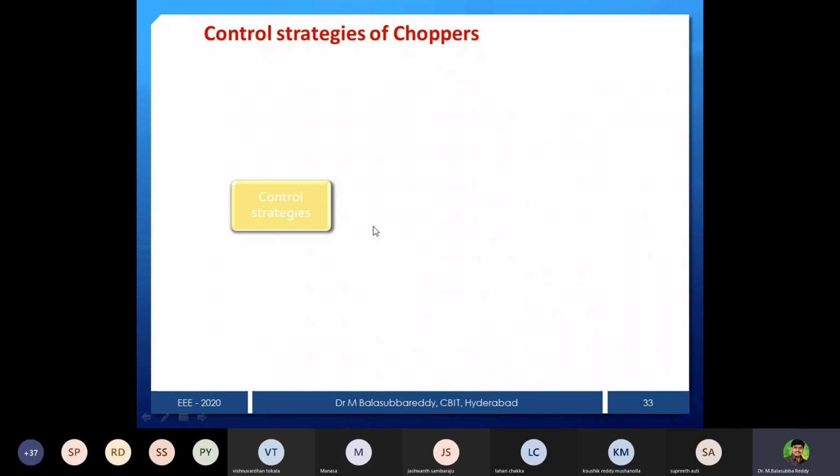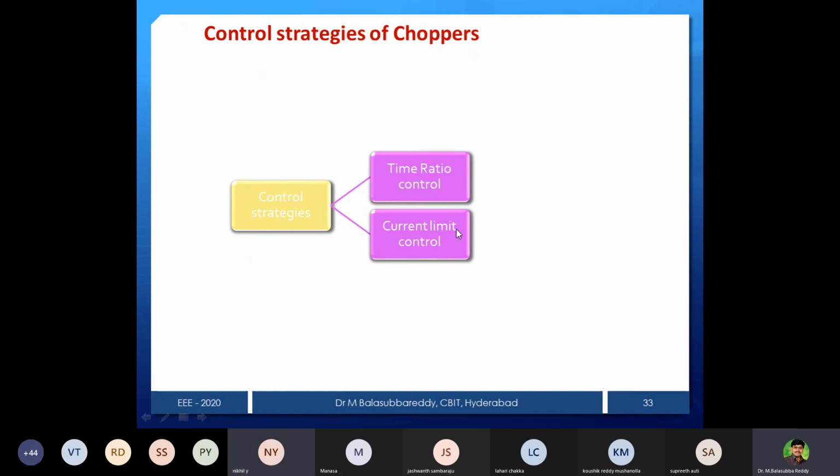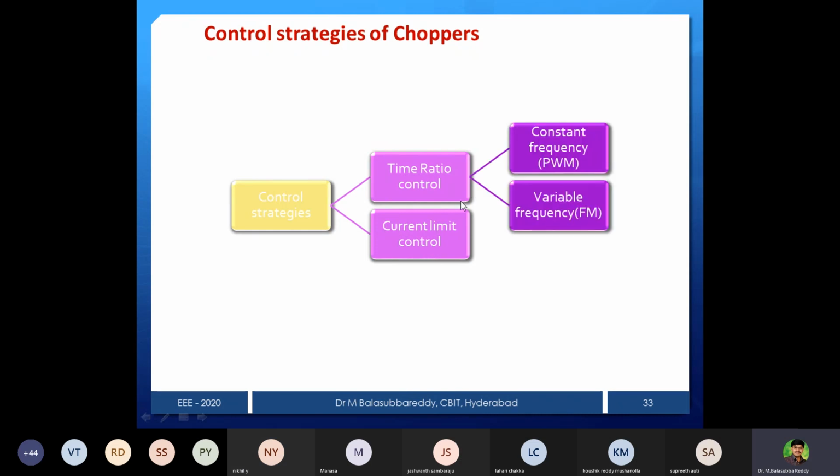The control strategies are two. One is time ratio control, another one is current limit control. So this is time ratio control. This one is current limit control. Again, time ratio is divided into constant frequency control and variable frequency control. Here frequency relates to the time duration, capital T. If we keep capital T constant, I call it constant frequency control.